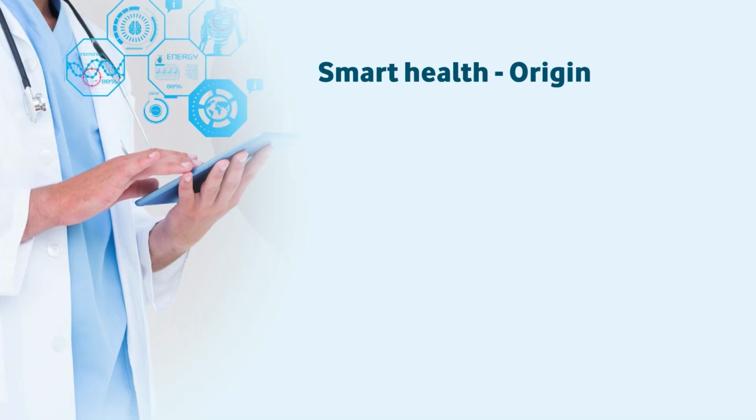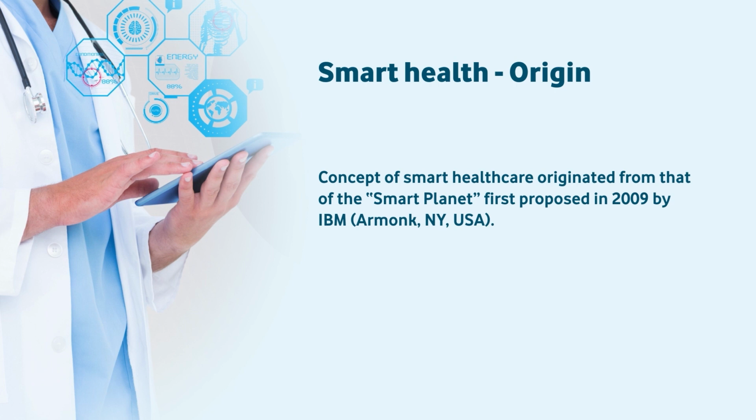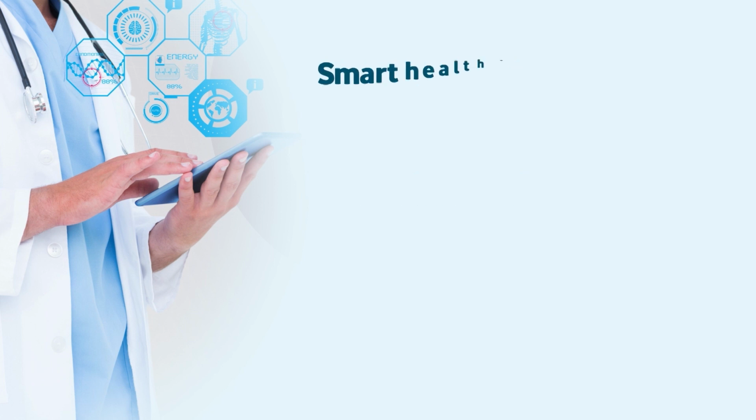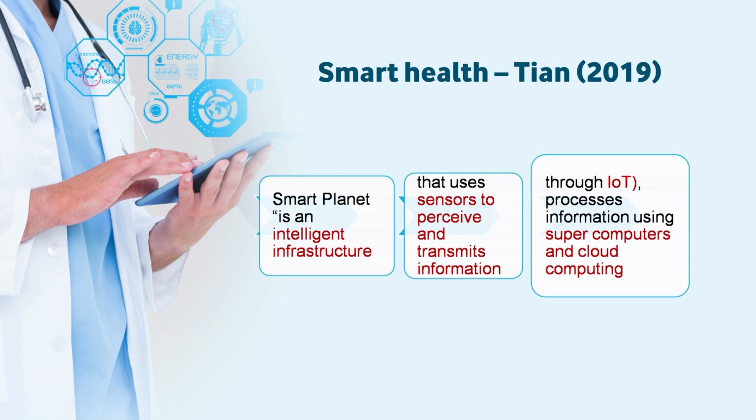The concept of smart healthcare originated from that of Smart Planet, first proposed in 2009 by IBM. Smart Planet is an intelligent infrastructure that uses sensors to process and transmit information, because here patient data, records and reports are to be transmitted to the doctor.